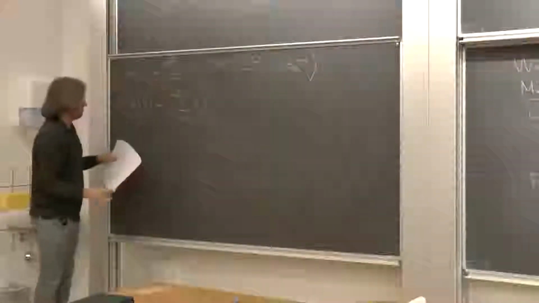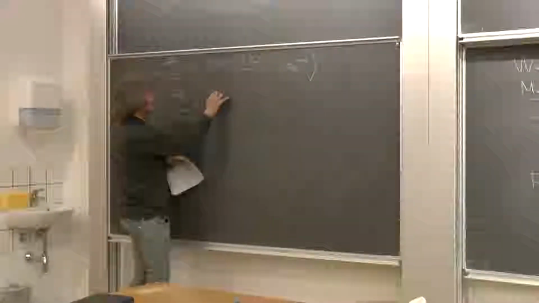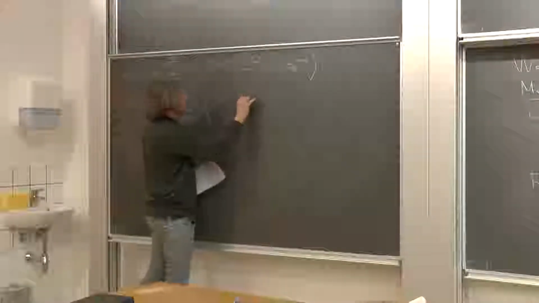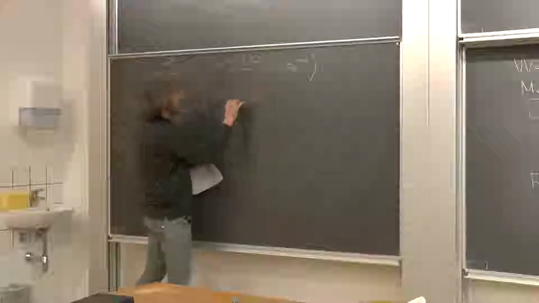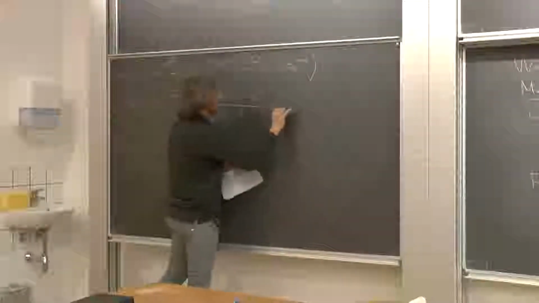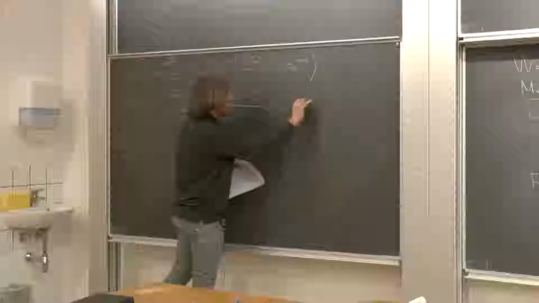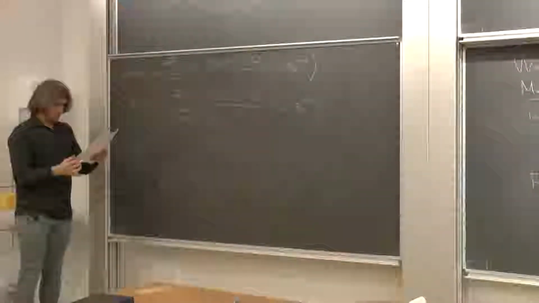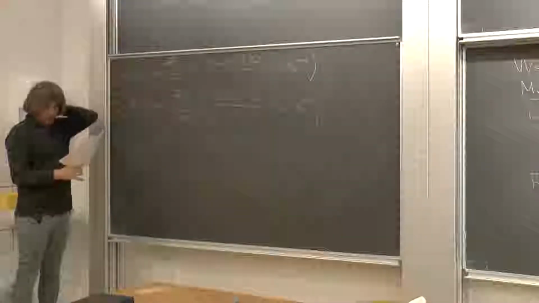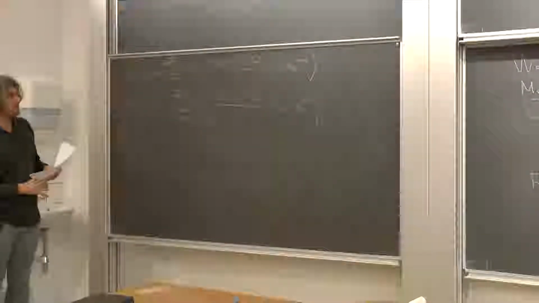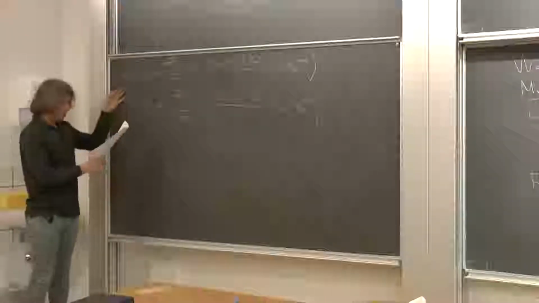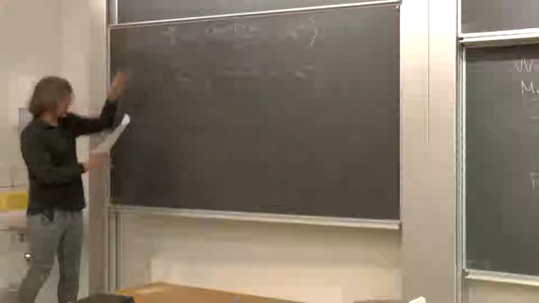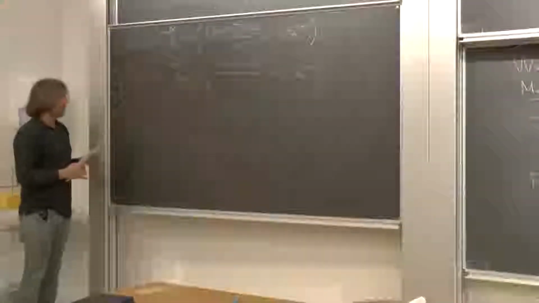So this is a finite sum. The important part of the estimate is on A of h, because B of h can be estimated uniformly. Namely, there's a useful formula.